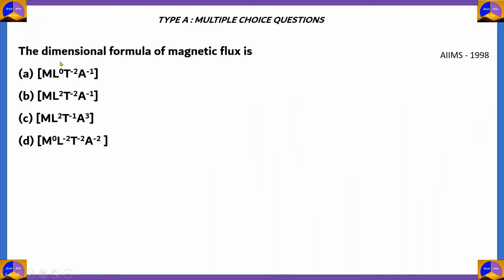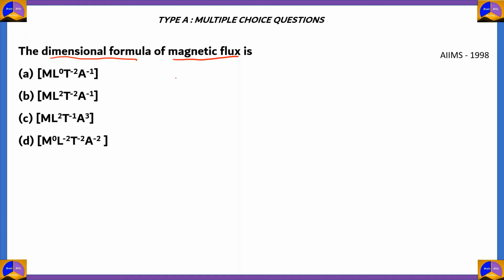This is also a question on dimensional formula. The dimensional formula of magnetic flux is one of the following, and we need to find out which of it is the right formula.